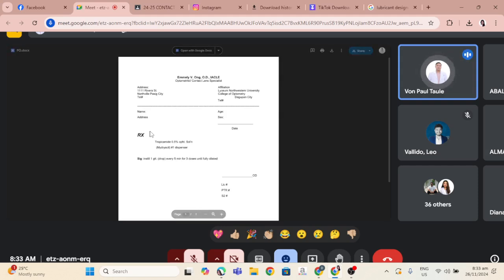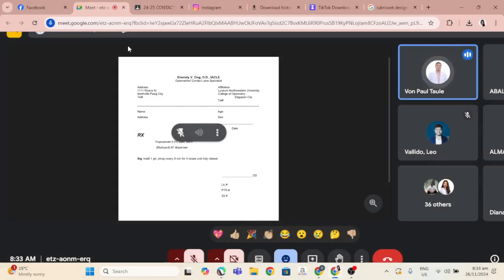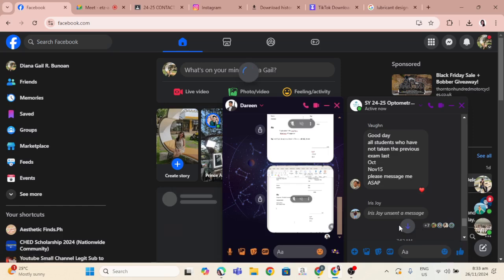Andito din yung brand name niya, Midriasil, and yung concentrate or yung type ng dosage niya, which is a number 1 dispenser. And indication of usage or instruction is usually placed also here, which is yung signature or yung transcription, which is yung instruction on how to instill for dilated fundus exam. So instilling one drop every 5 minutes for 3 doses until fully dilated.